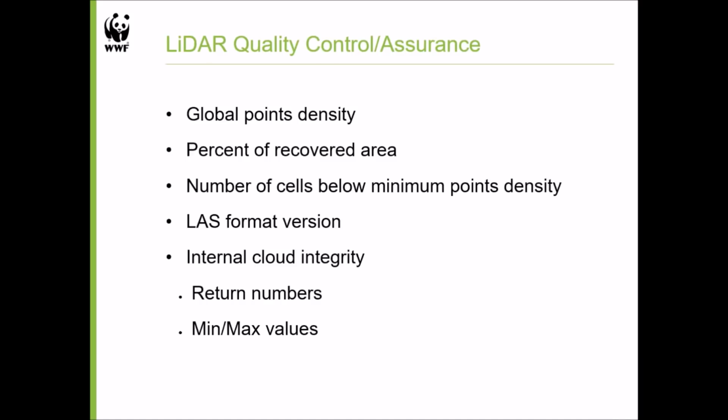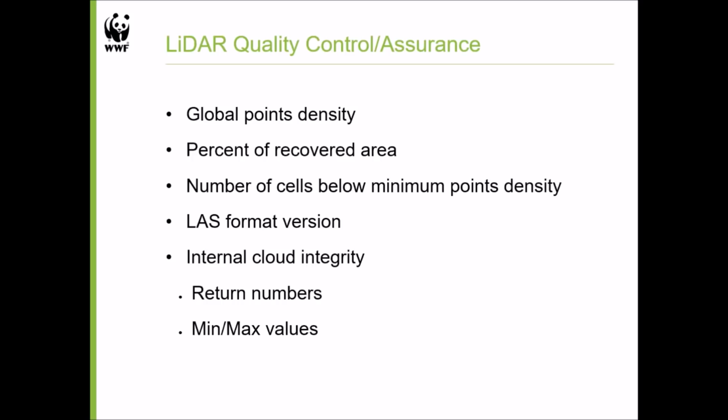When we decide to use LiDAR data to research something, it's necessary to define some important points before we start to hire those flights, okay? And the first important thing that we have to decide is the global point density.